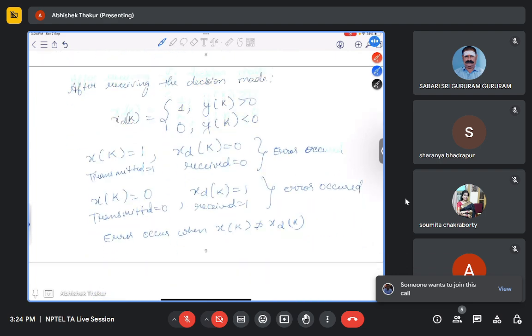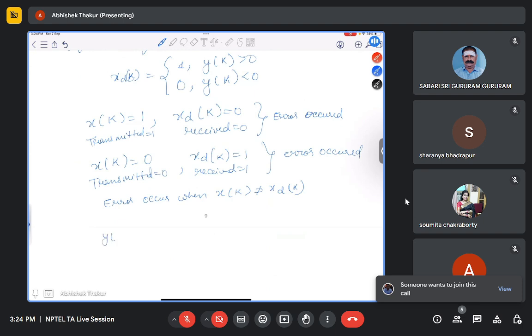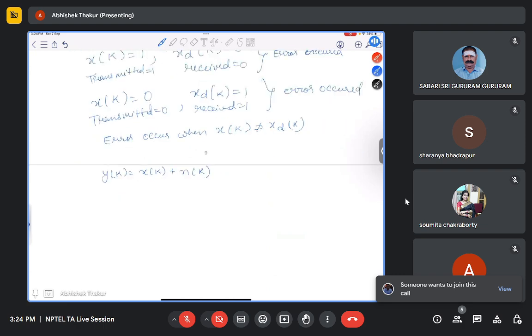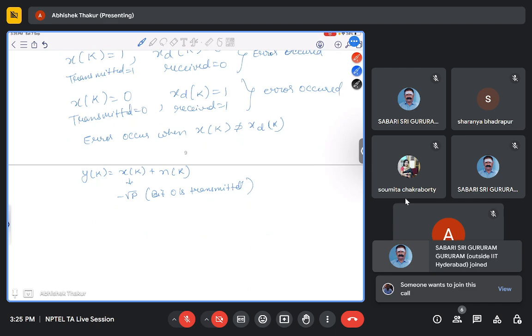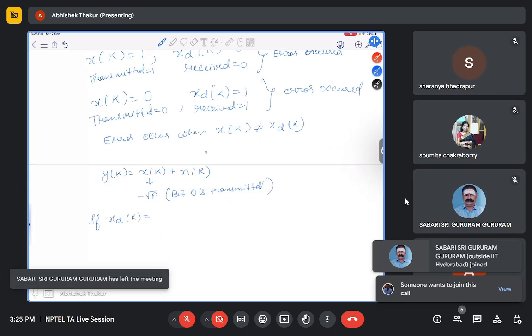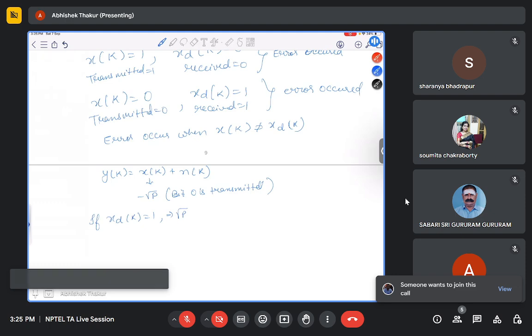So in what case, like yk is given as xk plus nk. Now let's suppose xk is minus root p. This means bit 0 is transmitted. Now if xdk is equal to 1, that is root p, so that is greater than 0.